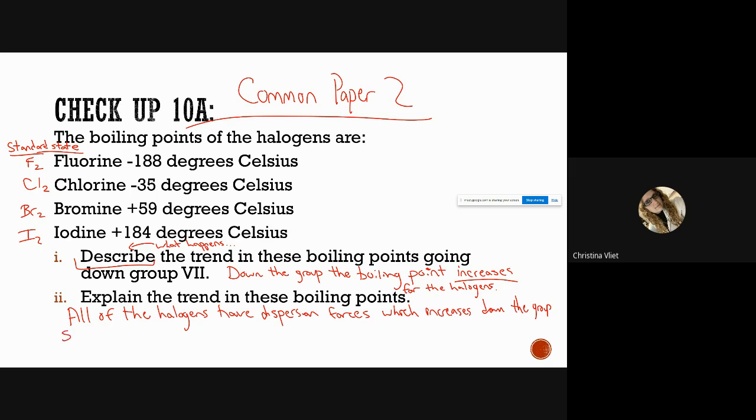Since there are more electrons in the halogens down the group. Now there's still another point here that I haven't said, and you need to write it down because it's a very important part.